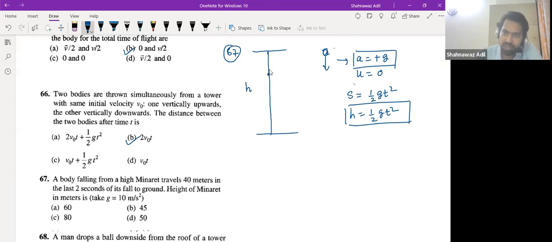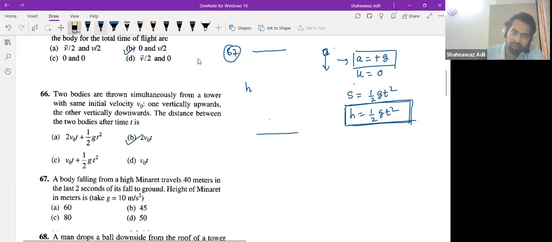Let's say sometime t1 is given, so in here this would be half gt2 squared, in here half gt3 squared. So this height is varying like half gt squared, right? If you are given some time up to this point, then you can calculate what is h, right?